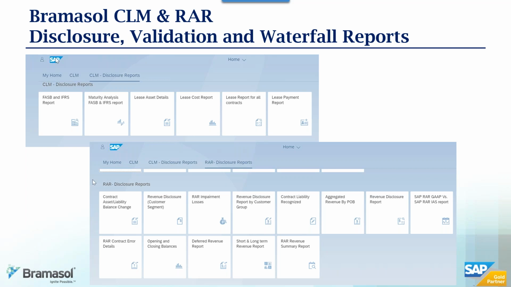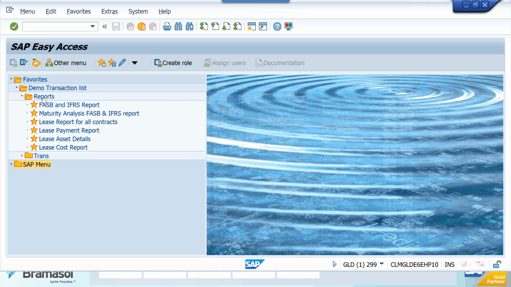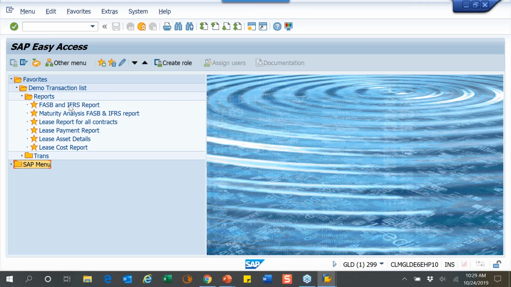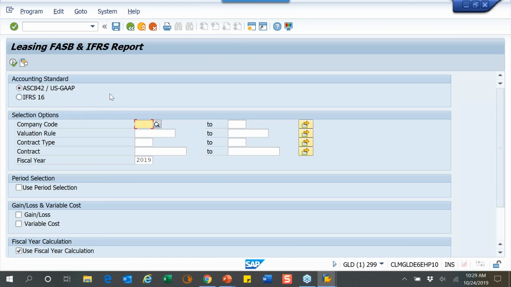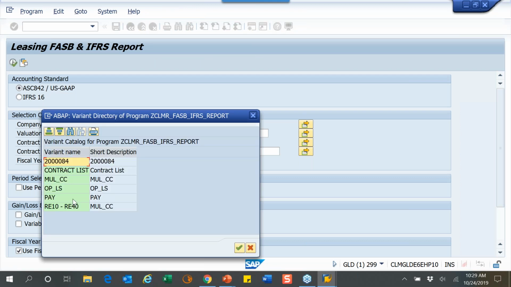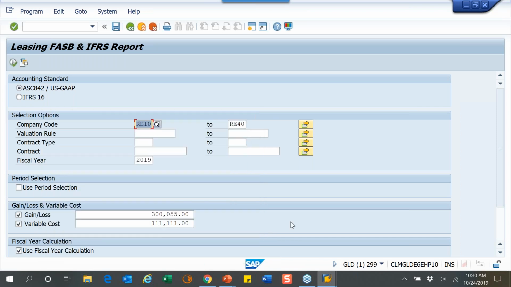All right. So with that, we're going to start with the ASC 842 disclosure. I'm going to select a variant here. Those of you that are very familiar with SAP know I can predefine my selection criteria. So, obviously for your disclosures, you're going to be selecting all of your company codes, all of your contracts.